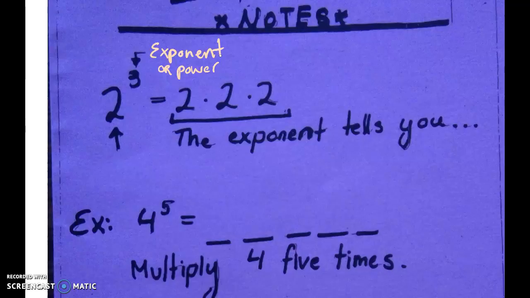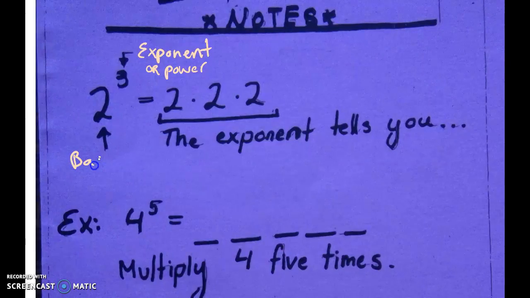We're not going to be using that term very much in this class, but I just wanted to introduce that. Down here, the 2, the really big 2, is the base of the exponent. It's easy to remember because it's at the bottom, right? It really does look like the base of something.